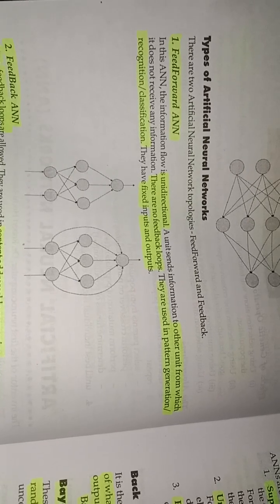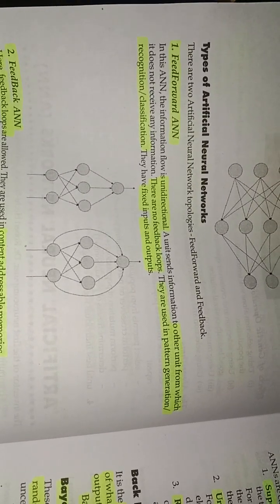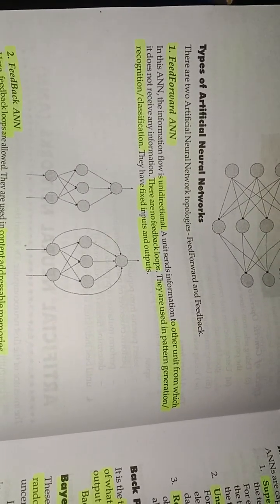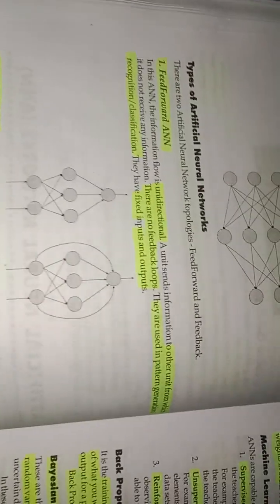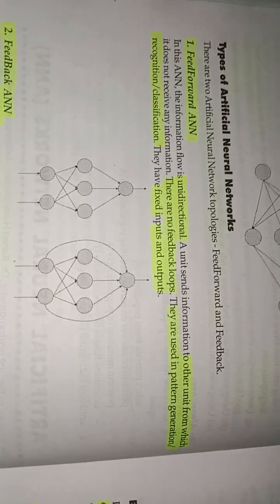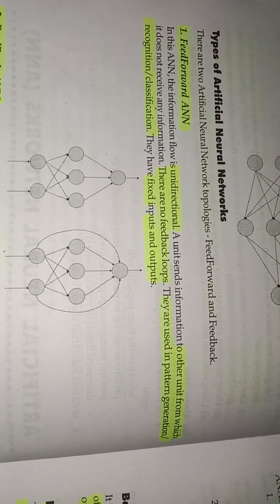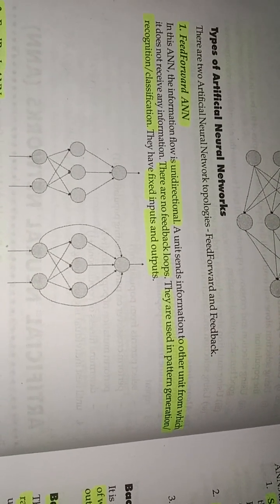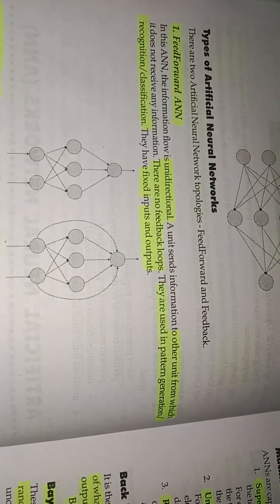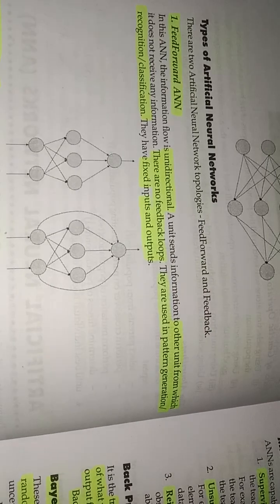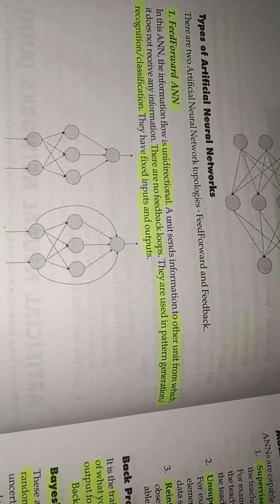There are two artificial neural network topologies: feedforward and feedback. Feedforward ANN.